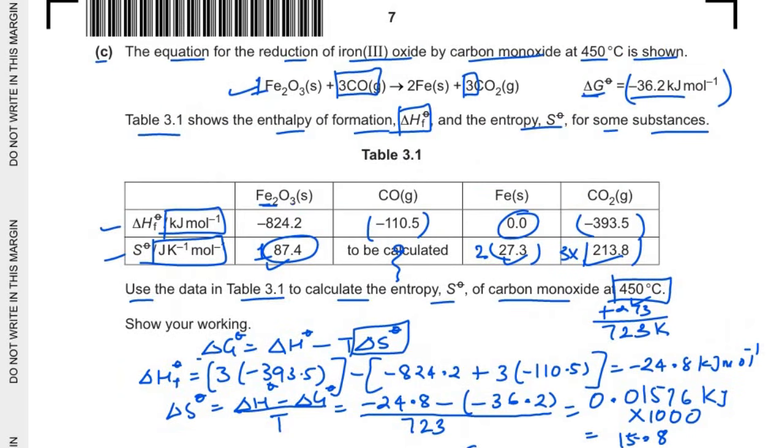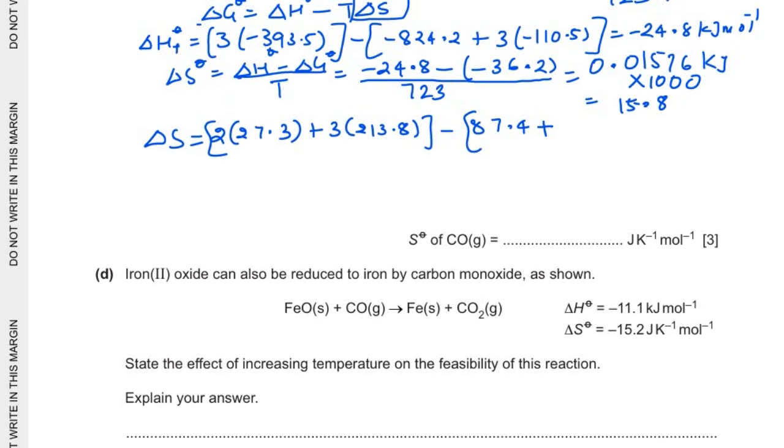that is 87.4, one molecule, plus the value of carbon monoxide, but we know the value of carbon monoxide has to be multiplied by 3. So if we take that value as 3x, then this is how we work out, and we have already got this value as 15.8 joules per Kelvin per mole.